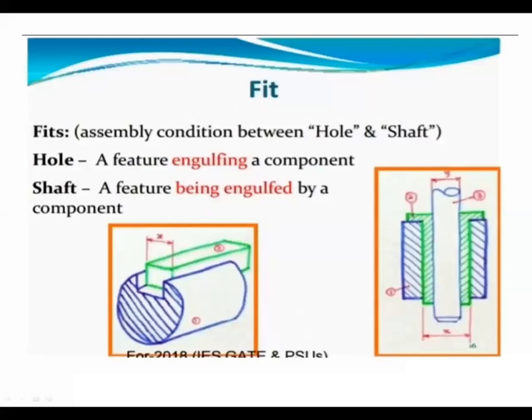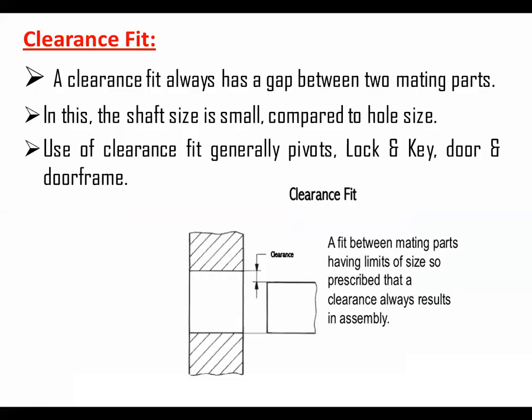Now again, fits, the assembly condition between hole and shaft. Hole means a feature engulfing a component and shaft means a feature being engulfed by the component. Now see the clearance fit.